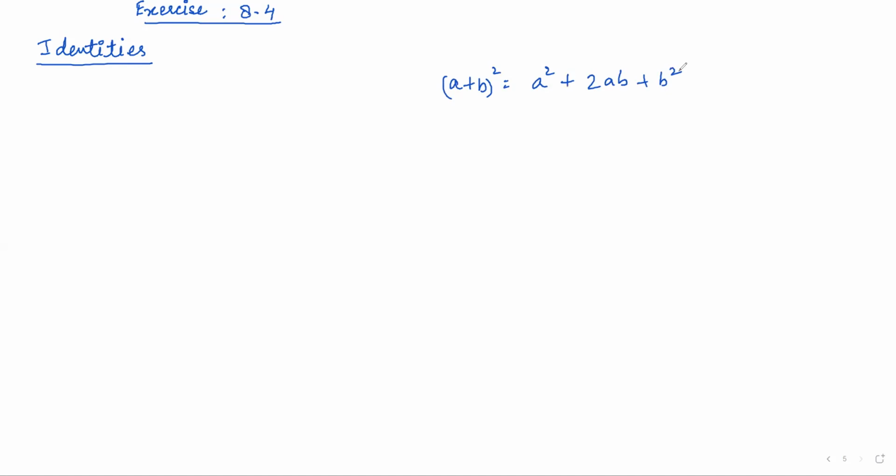Okay, identity is something which is already proved. You don't have to prove it. It's always true, correct? Yes, already proved that it is correct. So you don't have to show it again and again. In the questions, you will not first of all show that a plus b whole square is equal to this square, and then use it. You can directly use it, correct? So that is why it is an identity. It is always true. Got it?